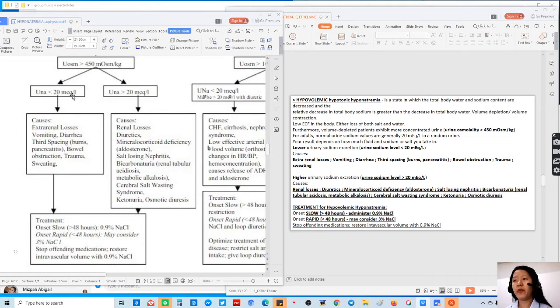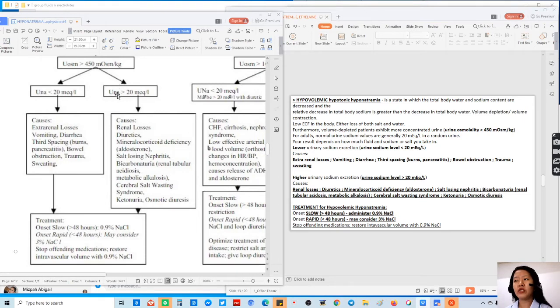So the result depends on how much fluid and sodium or salt you take in. If the urine sodium level is less than 20 milliequivalents per liter, the causes may be extra renal losses, vomiting, diarrhea, third spacing like burns, pancreatitis, bowel obstruction, trauma, and swelling.